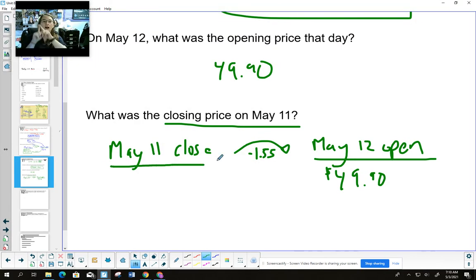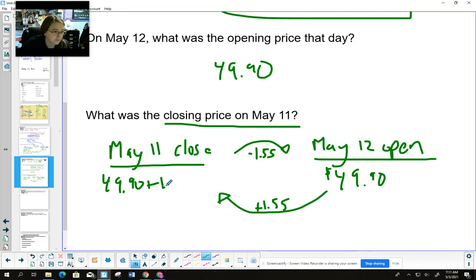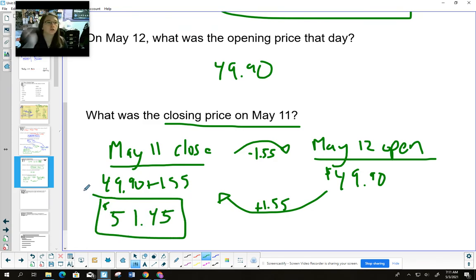So you should have gone in reverse, right? If I want to go backwards to yesterday's close, you should have added $1.55 to go in reverse. So $49.90 plus $1.55. Because again, if this price is down, that means yesterday's price was higher, which ends up being $51.45. So that was the closing price the day prior.